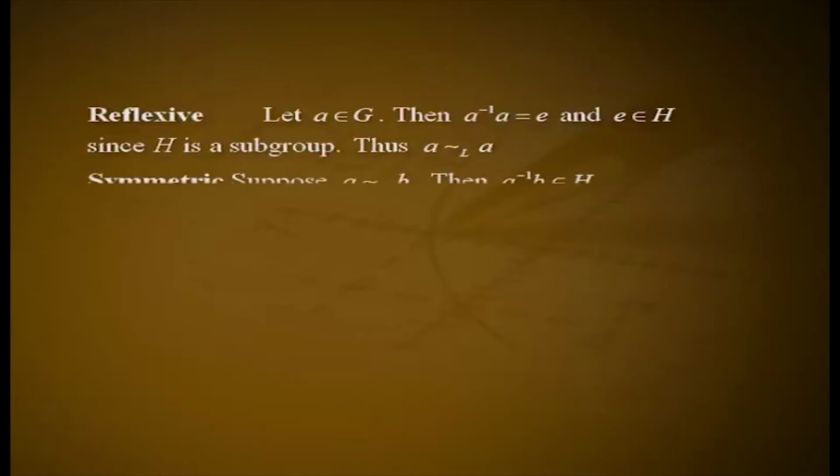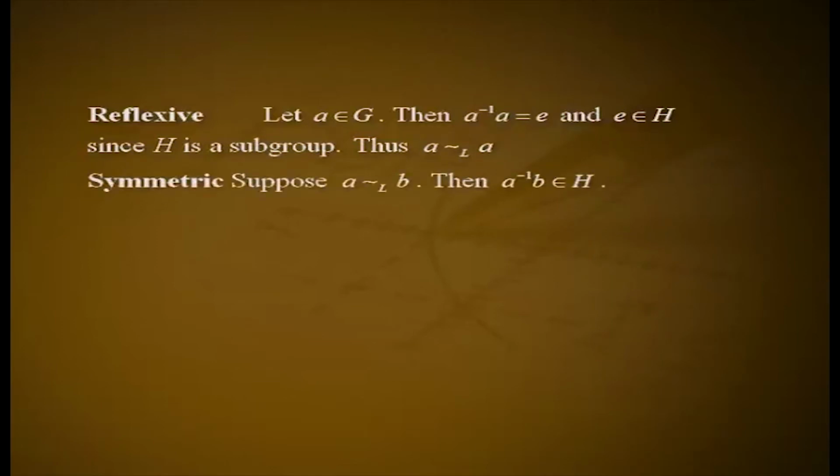We show that relation L is an equivalence relation. In the proof, we constantly make use of the fact that H is a subgroup of G. Reflexive. Let A belong to G, then A inverse into A is equal to E and E belongs to H. Since H is a subgroup, thus A relation L A.